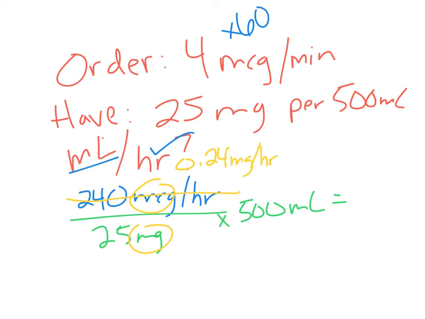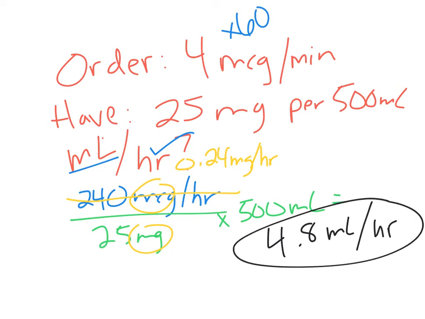So we're just looking at it the same way, that it's the same thing. So now I can go ahead and divide, since both D and H are in milligrams. 0.24 divided by 25 is 0.0096. Multiplying that by 500 gives me 4.8. So this person would need 4.8 milliliters per hour.